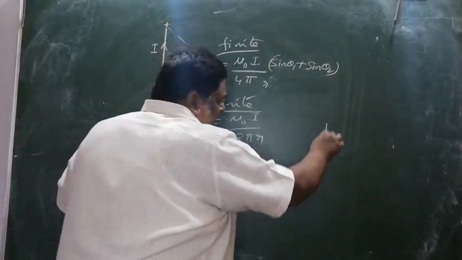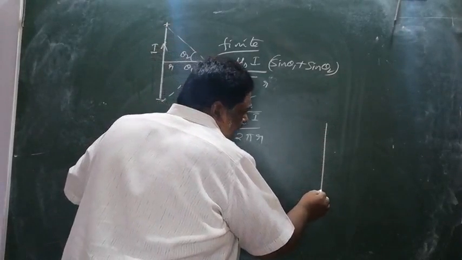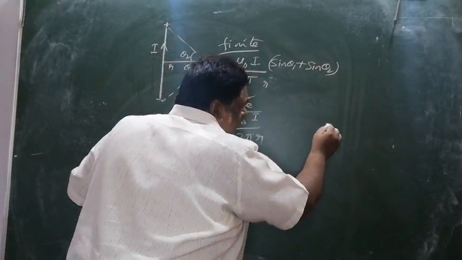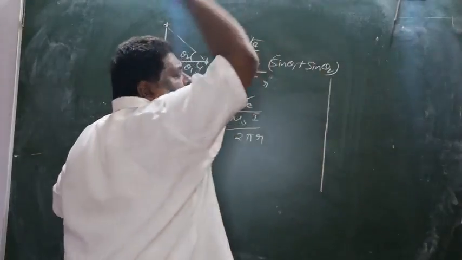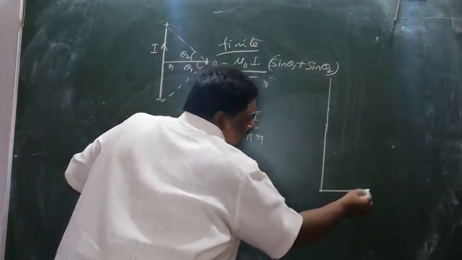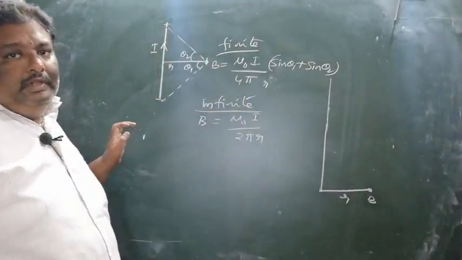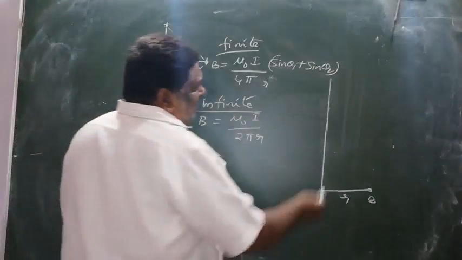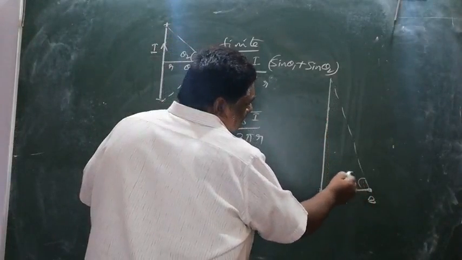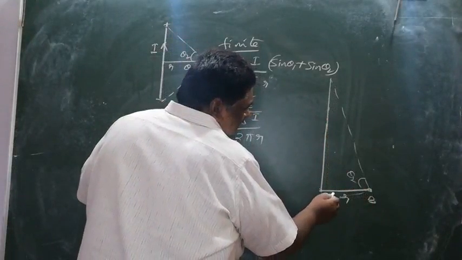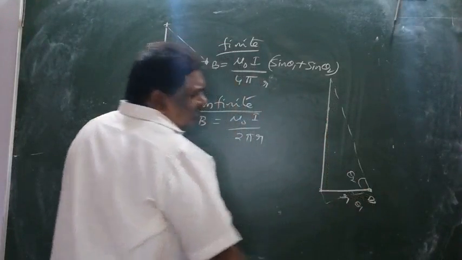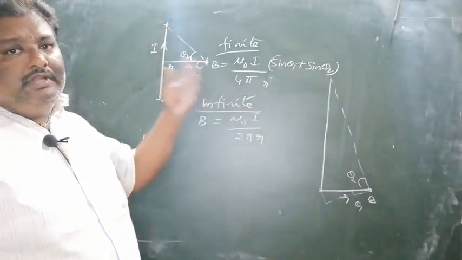Similarly, one straight wire is present from this foot. It is infinite, very long, but from this foot at r distance, what is the magnetic field? Therefore, imagine here it is theta 2, here it is theta 1, but theta 1 is 0, theta 2 is 90.